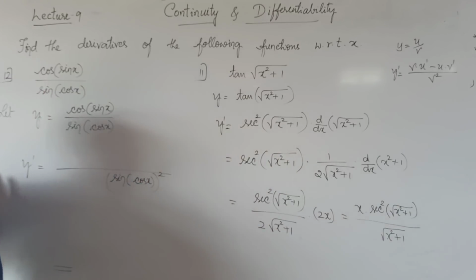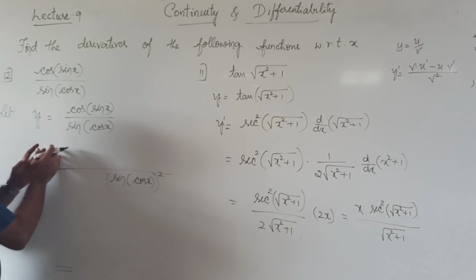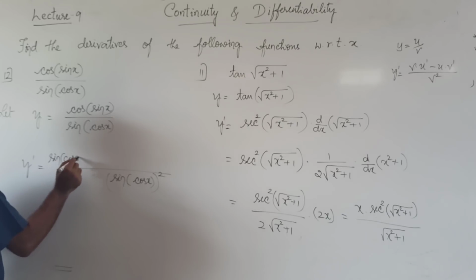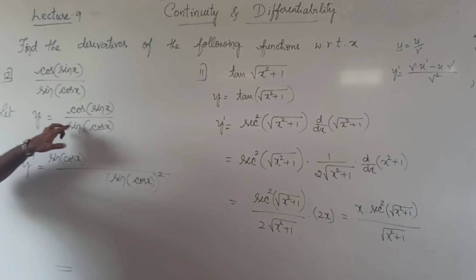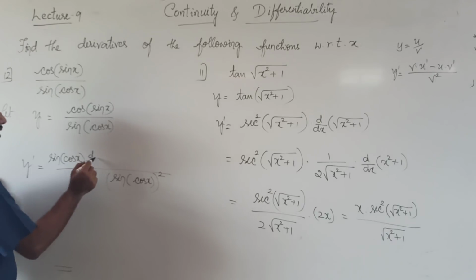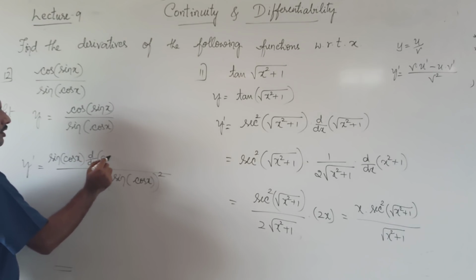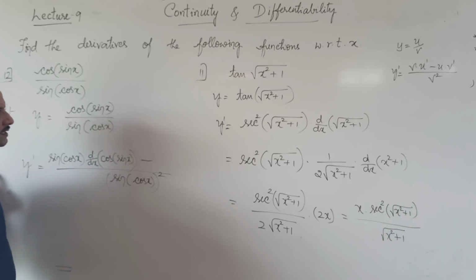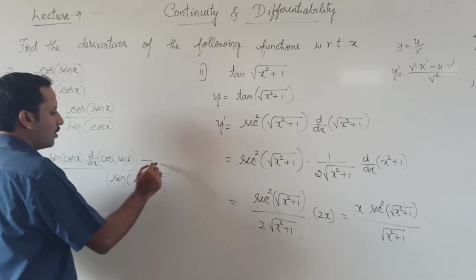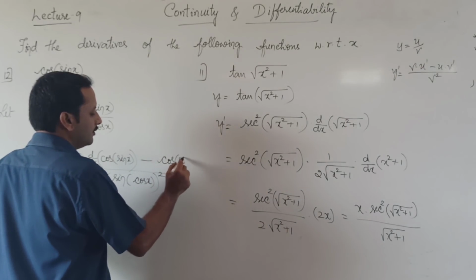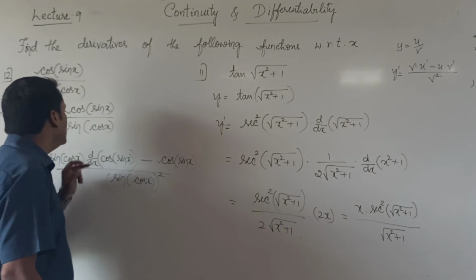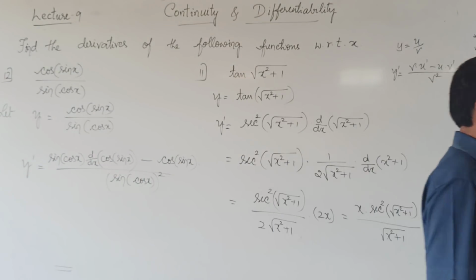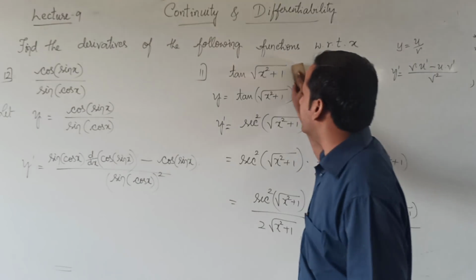In the numerator, v into, what is v here? Sin cos x, into u dash, the derivative d by dx of cos sin x, minus u. What is u? Cos sin x, into v dash, meaning the derivative of v, the derivative of the denominator.